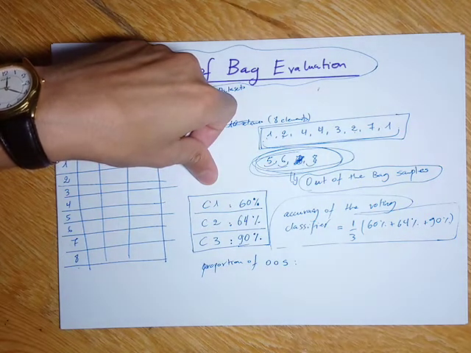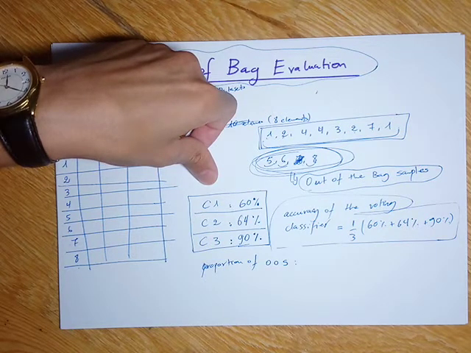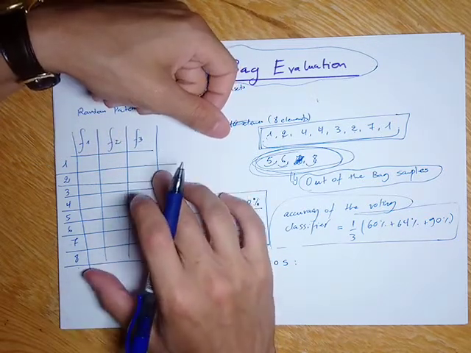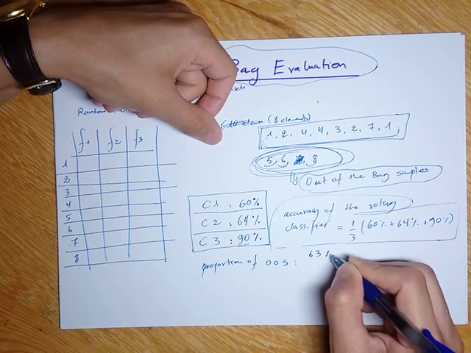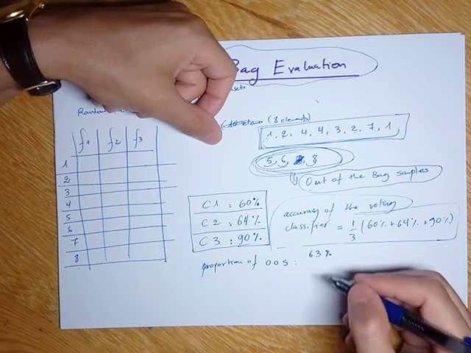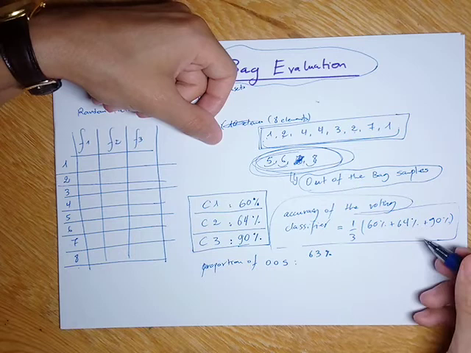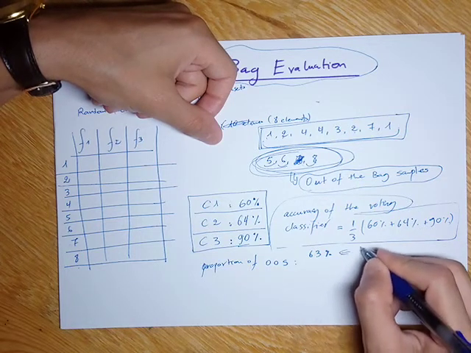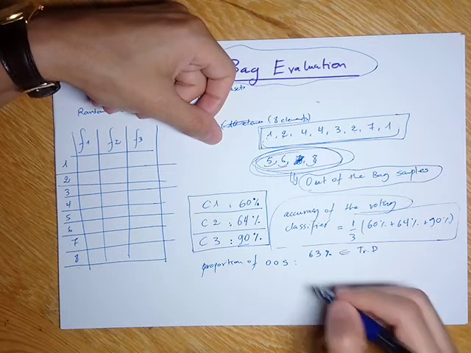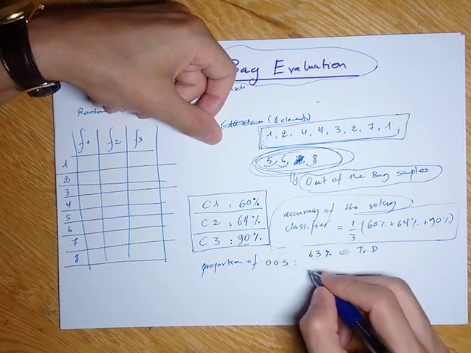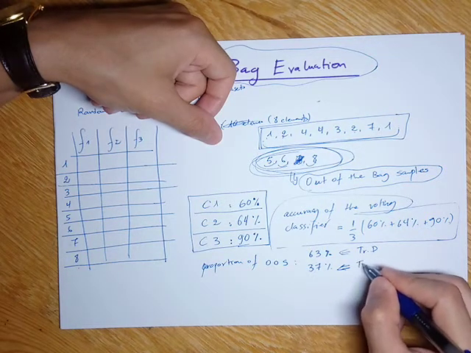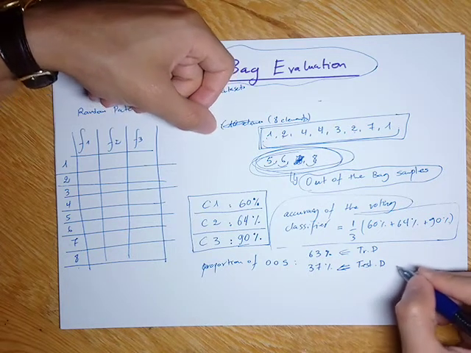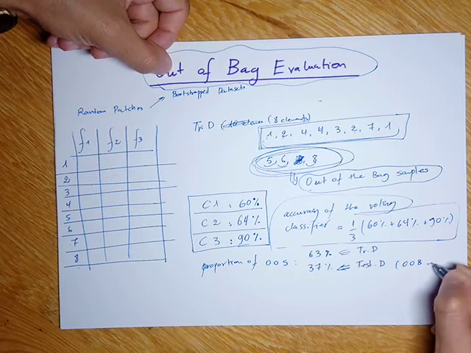As a rule of thumb, you can usually take any proportion, but it was found that it's a good practice, if you have an original dataset like this one, to take 63% for training, that is for creating the new dataset, for example the bootstrap dataset, and the remaining 37% can be used as a test dataset, and this is of course called out-of-bag evaluation.